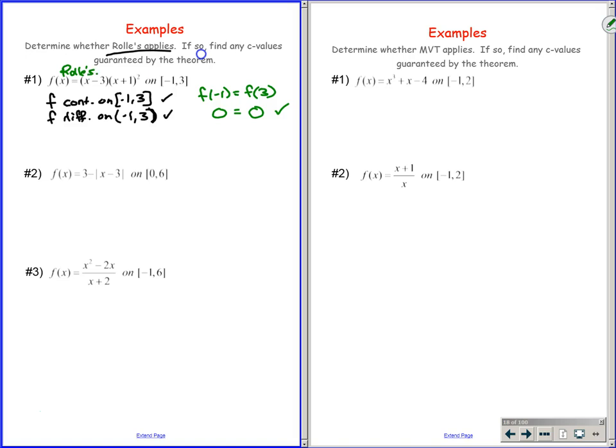But what else does it say after I figured out Rolle's does apply? Find any c values guaranteed. Okay, so Rolle's says the same thing MVT does: f prime of c is equal to f of b minus f of a all over b minus a. But to actually do that, I have to find the derivative. Hey, what's still on the board? Get those derivatives simplified.